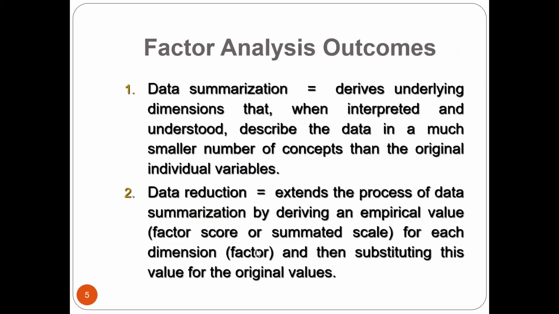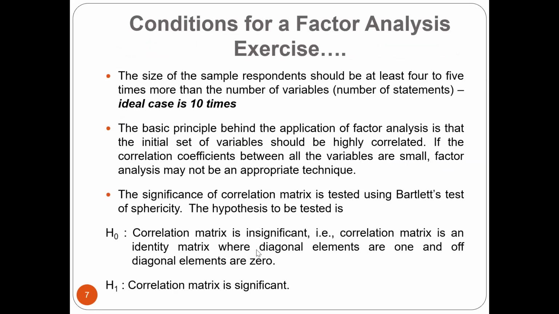That's the logic of factor analysis. Based on that logic, the hypothesis is tested: the null is that the correlation matrix is an identity matrix, where all the diagonal elements are 1 and off-diagonal elements are 0. That means none of the variables are correlated with each other. The alternative is that it is significant, meaning some of the variables are correlated among themselves, and that's why factors or groups can be made.